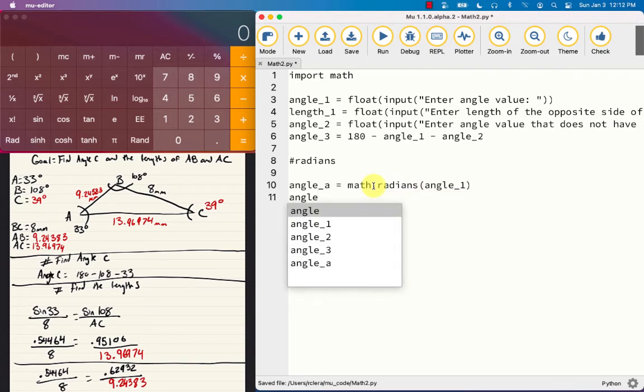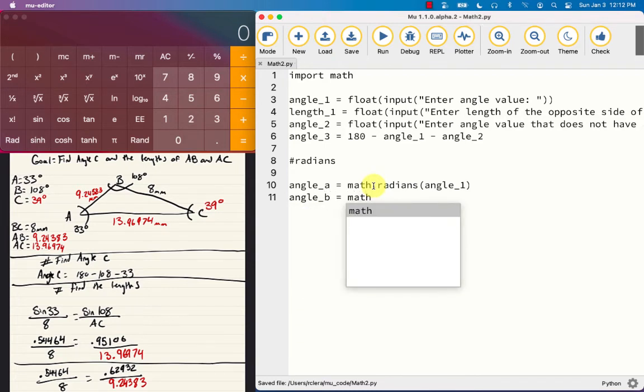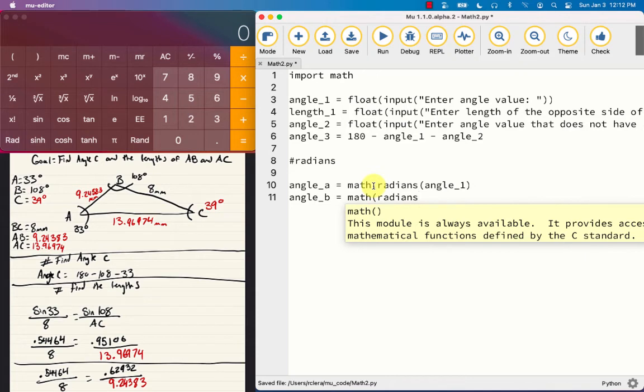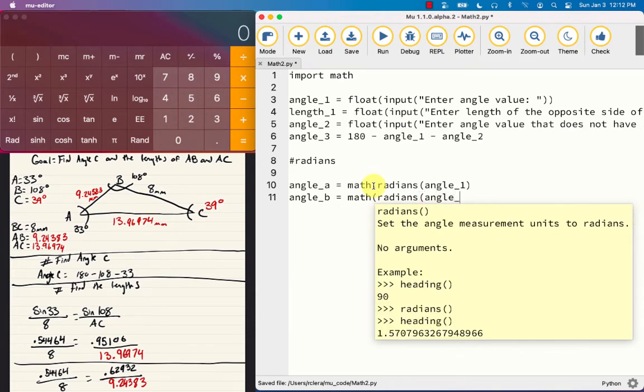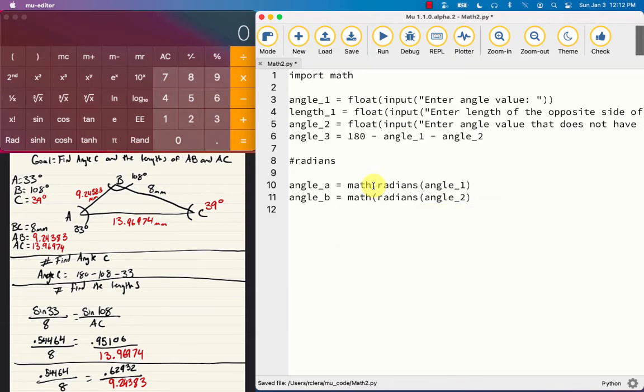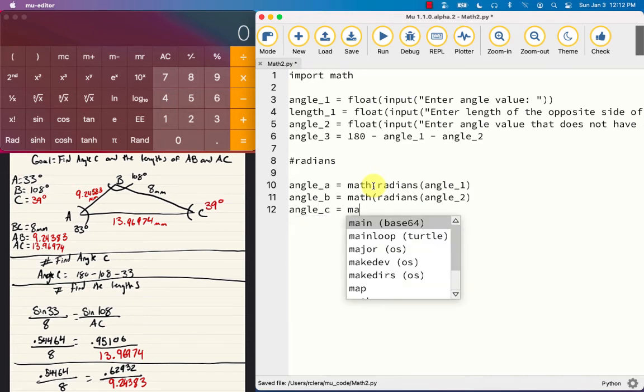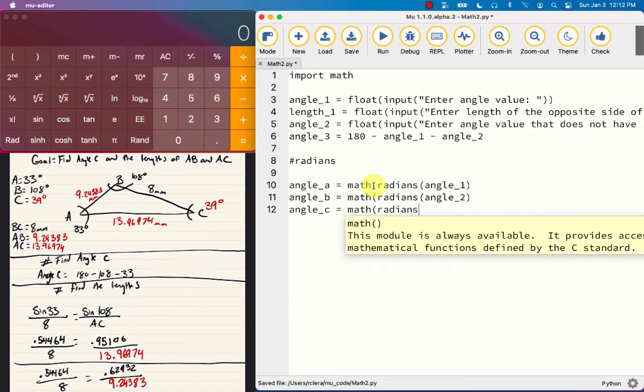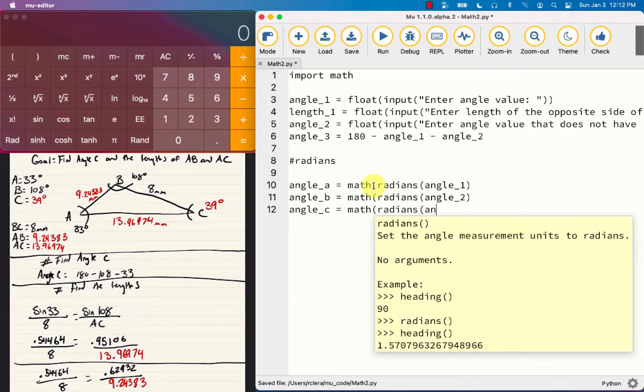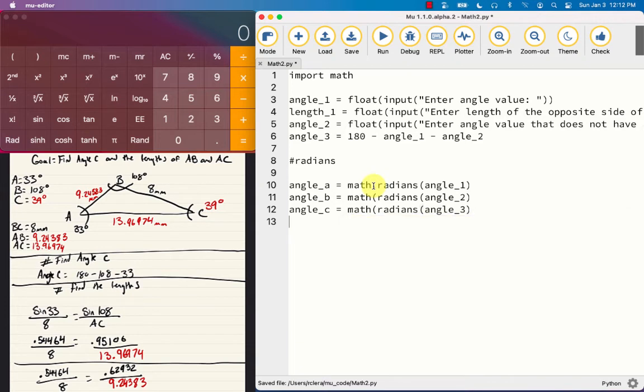And let's do angle B, math radians, angle2. And we know angle C. So we'll do math radians, angle3.